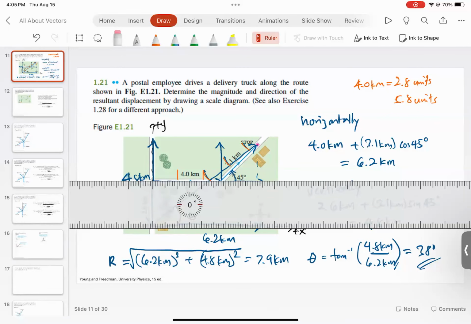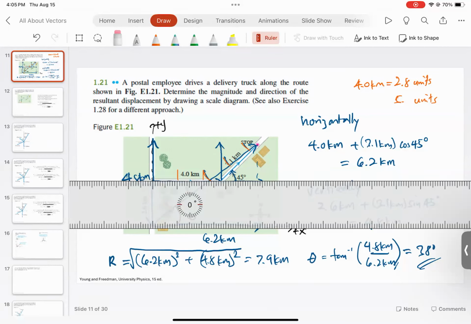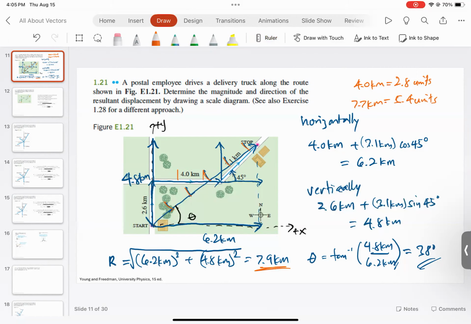Okay, hindi siya 5.8 units, kundi 5.4. 5.4 units. This will give us 7.7 kilometers. Okay, ang nakuha natin sagot is 7.9. So more or less, okay na yung sagot natin graphically. Consistent siya with the component method. Okay, kaya lang tayo nagkaka-error dahil yung pag-measure natin gamit yung ruler ay hindi ganun ka-accurate.